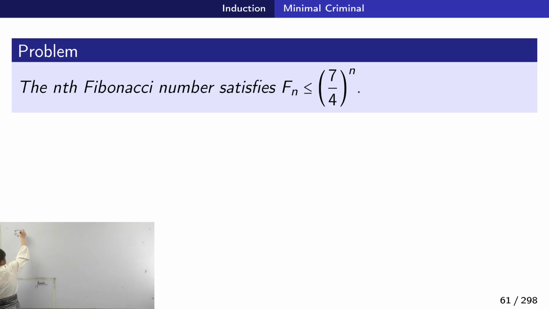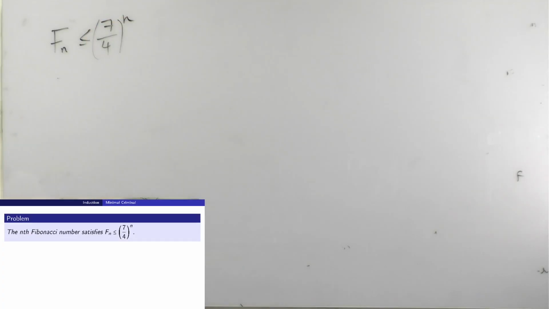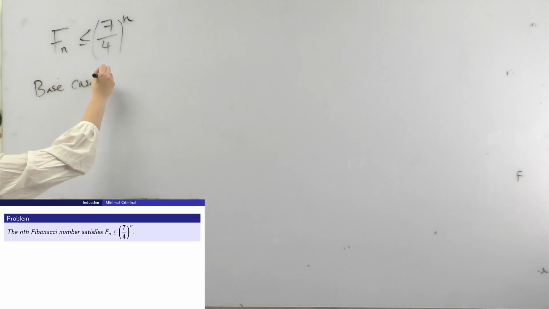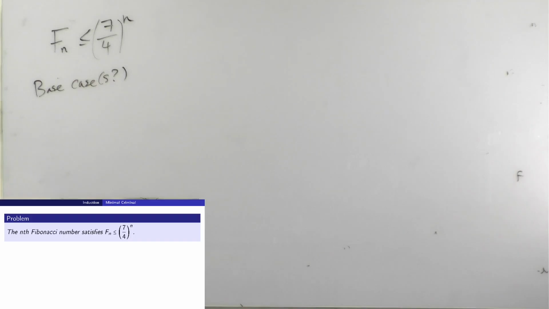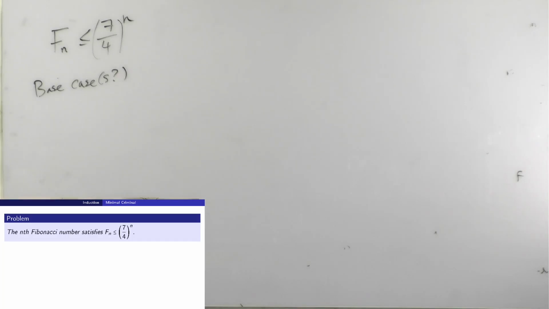So I want to show Fn is less than or equal to (7/4)^n. I slightly suspect maybe this is one where I need multiple base cases. Let me just do a few to check.